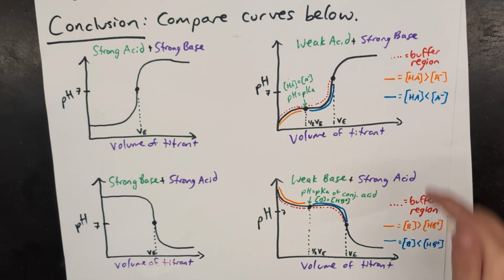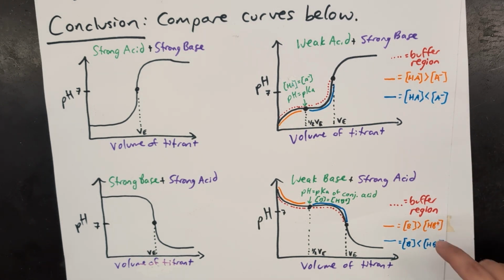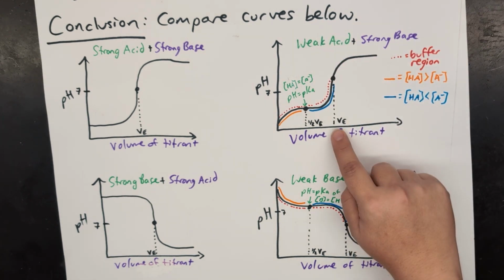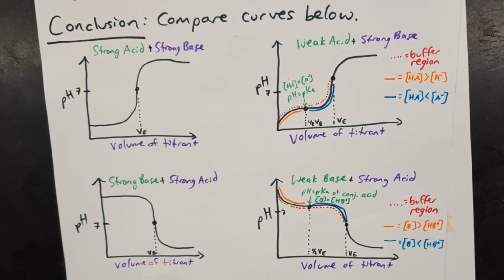Then for our weak titration curves, they need to know where the buffer region is for both of them. They need to know that the volume at equivalence point is still used to find our concentration, but the pH at equivalence point will be different. If you have a weak acid with a strong base titration, the pH at equivalence point will be above 7.